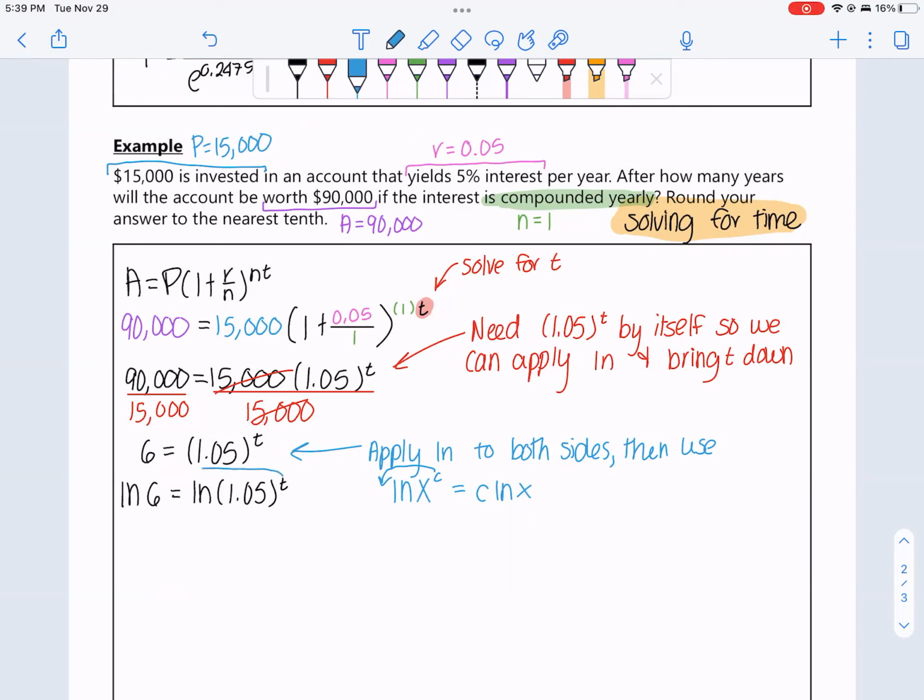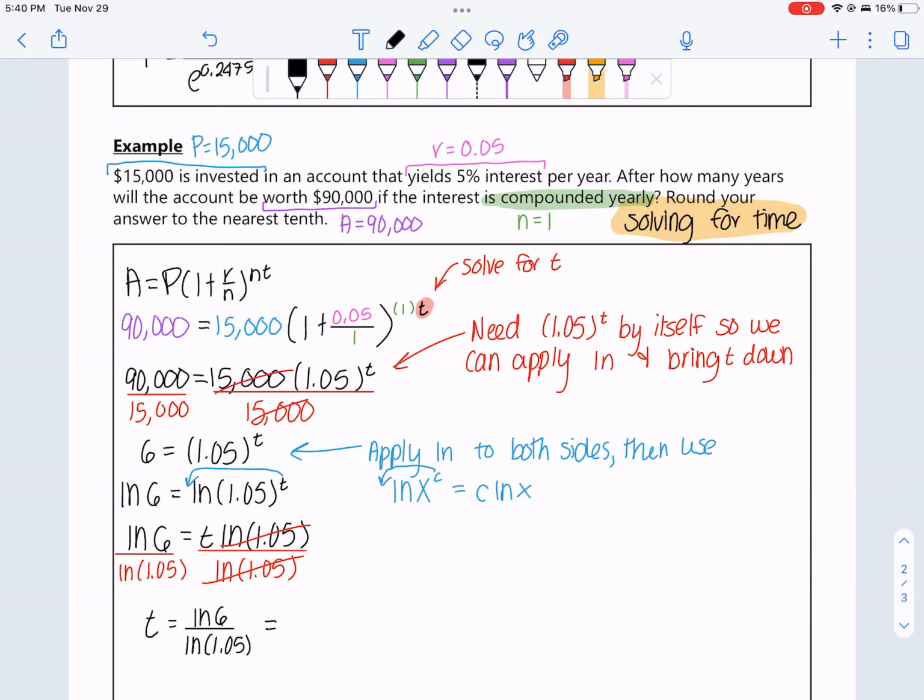The t can come down. We get ln 6 is equal to t ln of 1.05. To get t by itself, I am dividing both sides by ln of 1.05. That leaves us with t equal to ln 6, all divided by ln of 1.05.